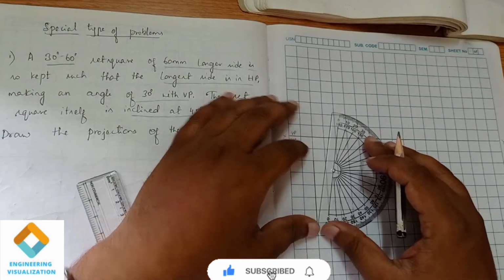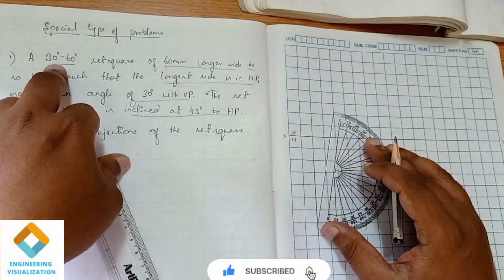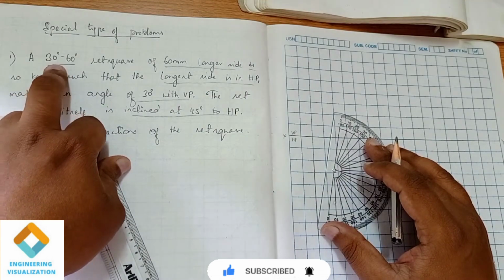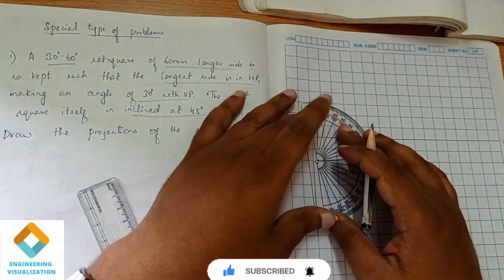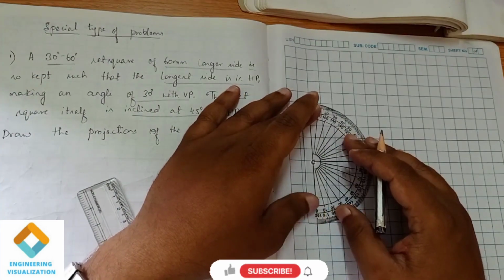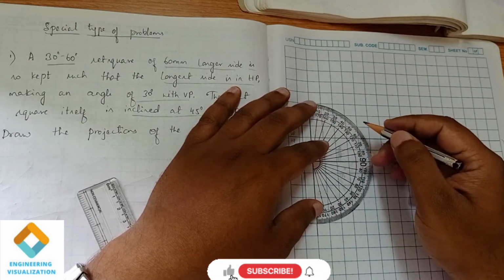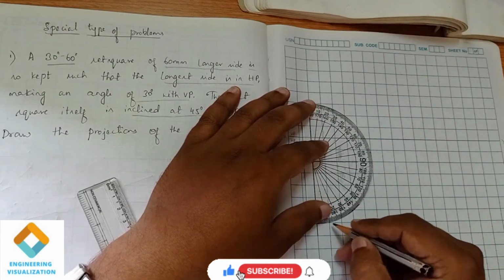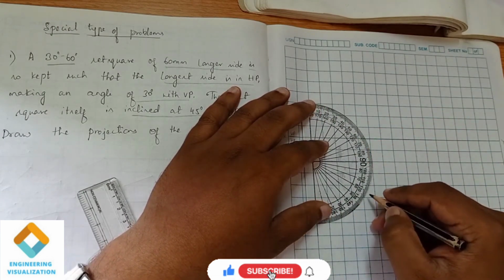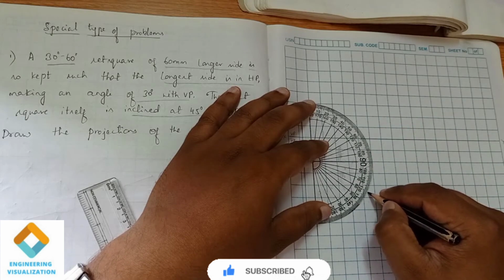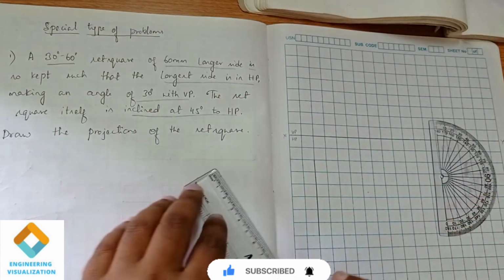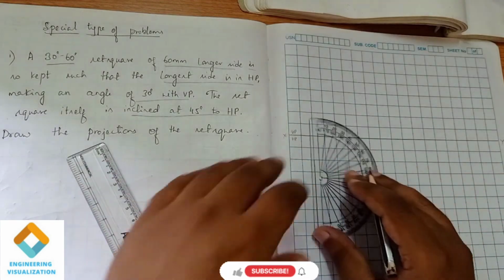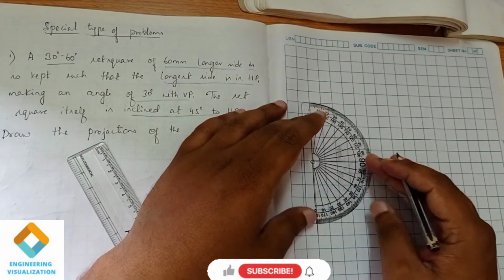Now you can see 30 degree, so this is the internal angle difference, 30 degree. So the external angle it will be 60. So from here we can mark for 60. Sorry, it's not, it's 30.